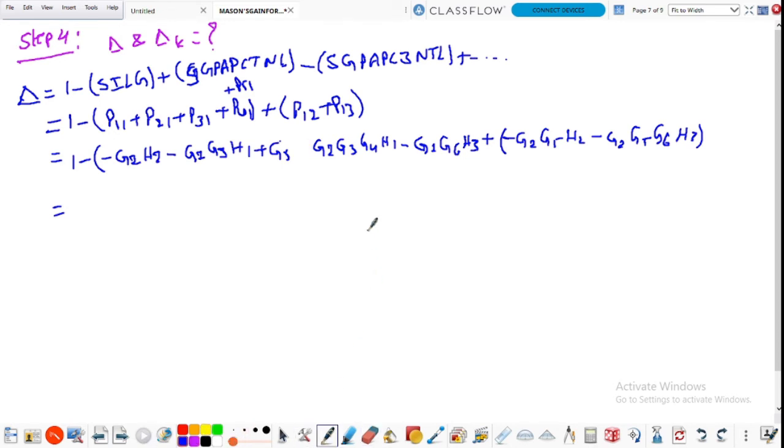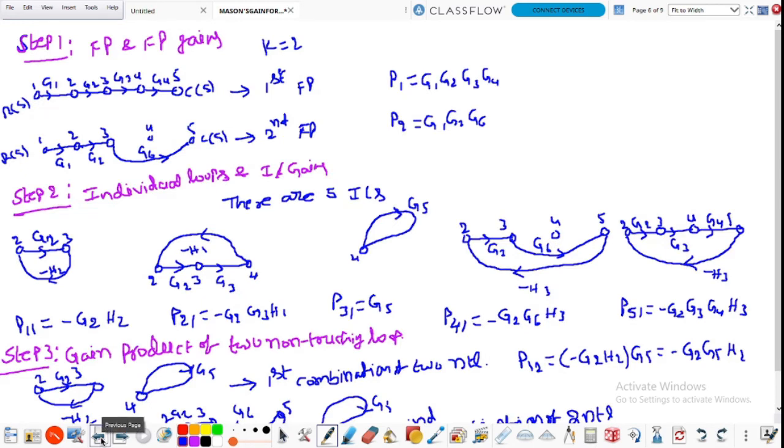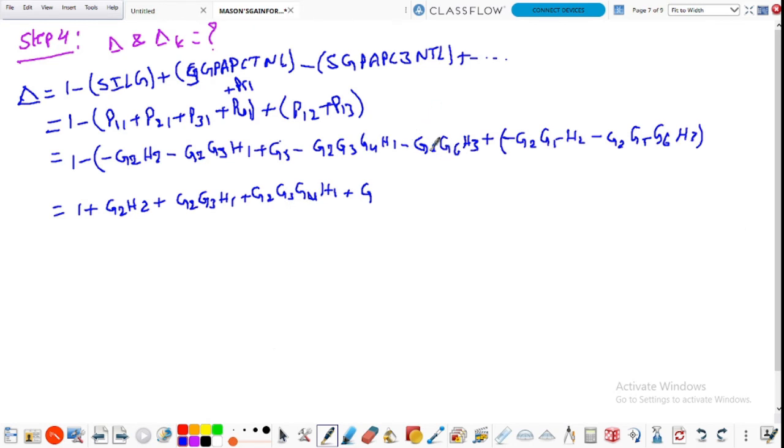So for all the terms take the common minus. 1 minus into, minus into minus plus 1 plus G2 H2 plus G2 G3 H1 plus G2 G3 G4 H1 plus G2 G6 H3.